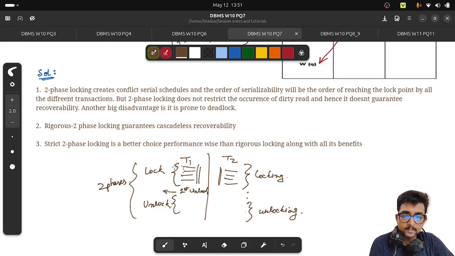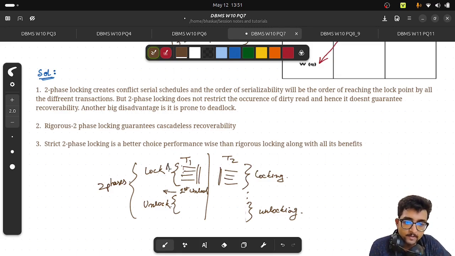If T1 has gained a lock on A, then at that time T2 cannot gain a lock on A, it has to wait. T1 has to release the lock first, and only then can T2 gain it. Once I have started unlocking, I will not again ask for a lock.